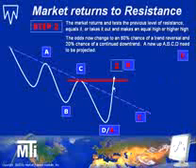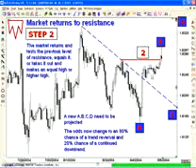Step 2, market rallies to resistance. When it rallies to resistance, we are no longer making lower highs. We are now making higher highs. Look and see how we've made a higher high. Now the odds really are going to change. They're going to change to an 80% chance bullish direction now.